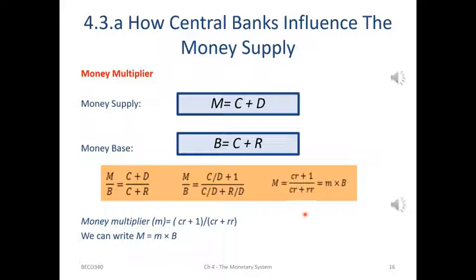Making these substitutions and bringing B from the left to the right side of the equation, we obtain M is equal to CR plus 1 over CR plus RR times B.